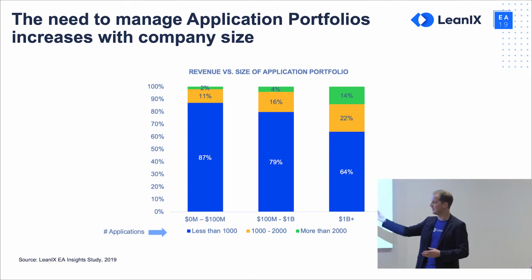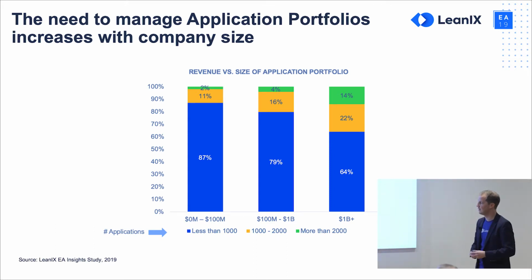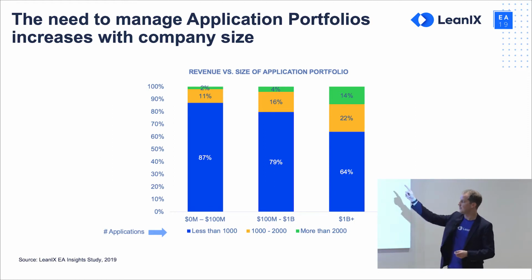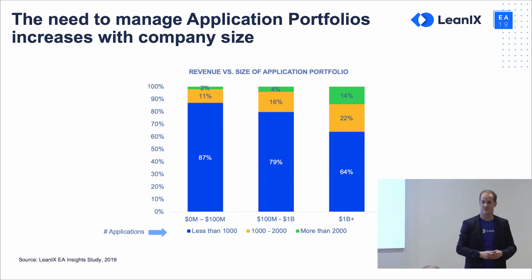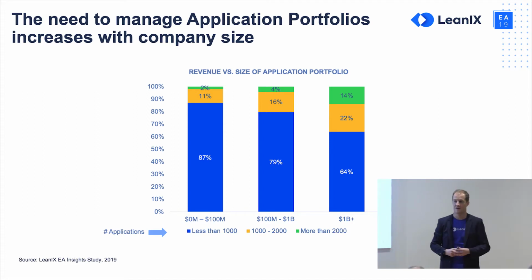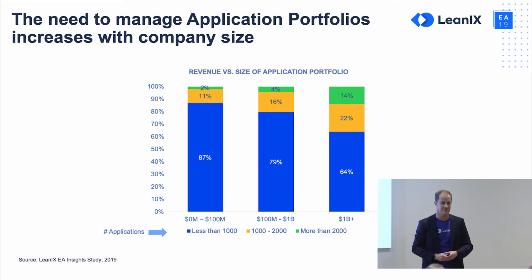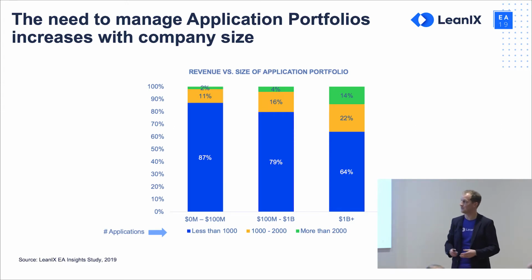How it reads is for companies who have more than 1 billion in revenue, 40% of them have 2,000 or more applications. And you probably saw from our award presentation yesterday, Aldi shared some insights. Aldi with 2,000 applications, Bosch with 14,000 applications. So quite a number to manage.